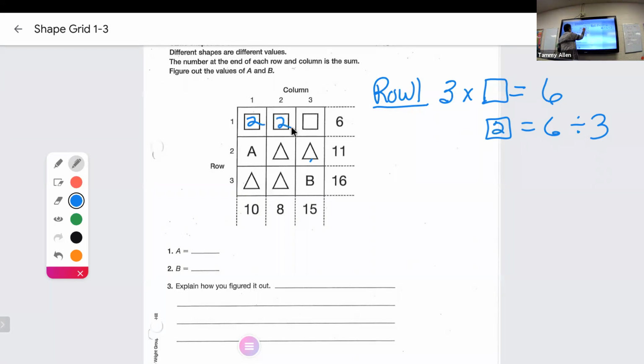So then we can go over here and everywhere we see the box, it is 2, right? Yes, no? Okay? So now that we know that our box is 2, we can now go to column 2. And we know that if we have 2 plus 2 triangles and it equals 8, we've got another equation we can solve, which is essentially what that group did back there, right?